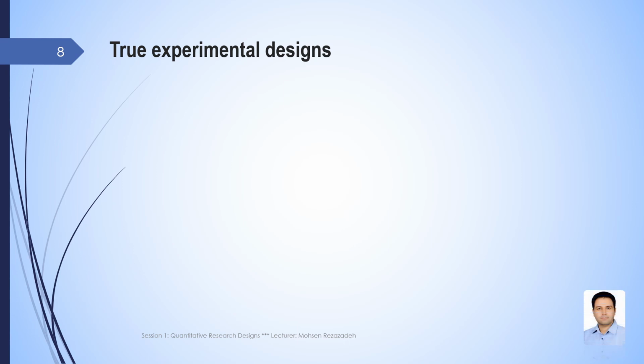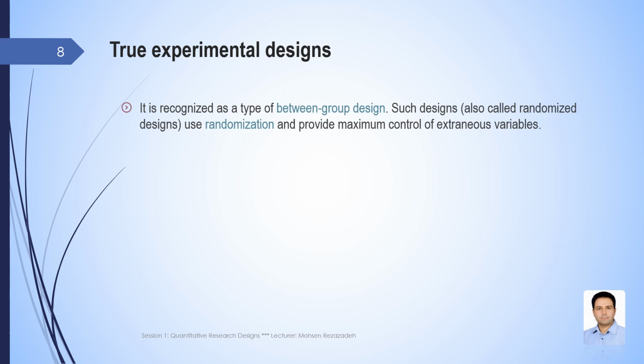True experimental designs can be regarded as the most accurate and robust form of experimental research, in that they prove or falsify a hypothesis mathematically in light of statistical analysis. True experimental design is recognized as a type of between group design.